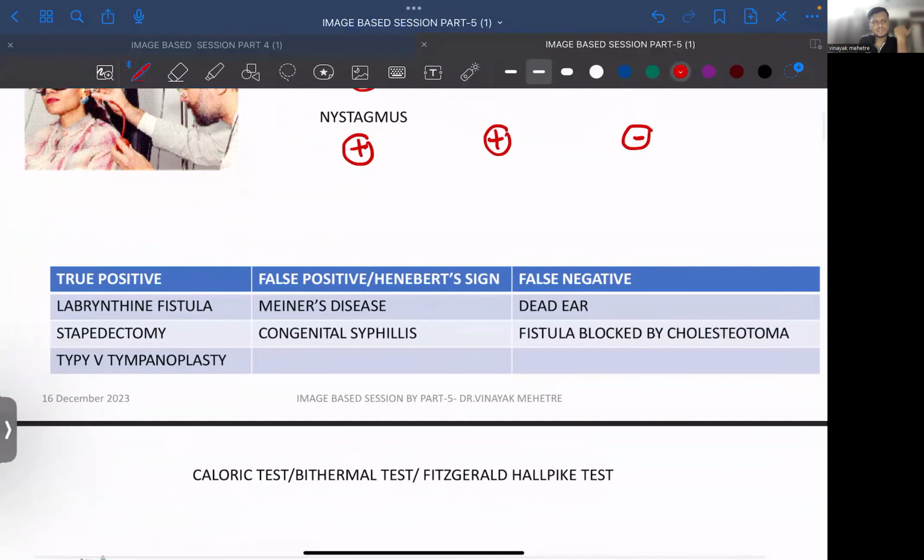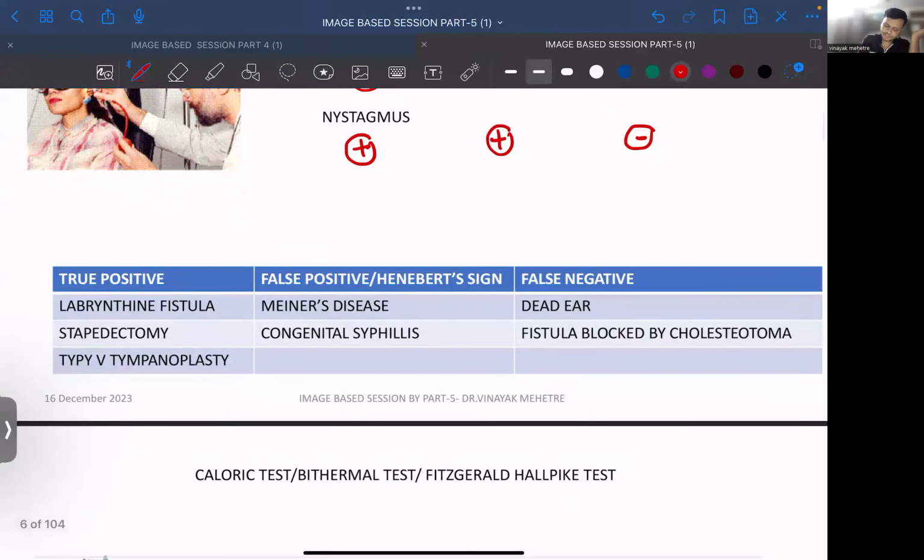And these are the diseases or deformities related to each. True positive is seen in labyrinthine fistula, stapedectomy, and type 5 tympanoplasty. In this, we will see a true positive fistula sign.